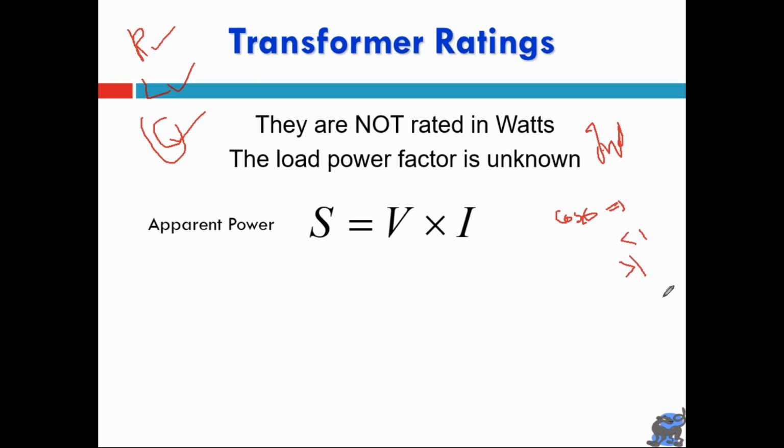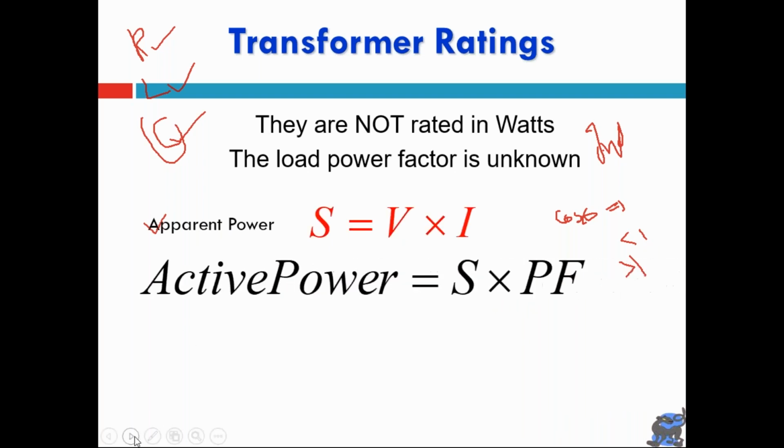So when we don't know the power factor, we can use the apparent power, which is given by S is equal to VI. Next, the real power: P is equal to VI cos phi.